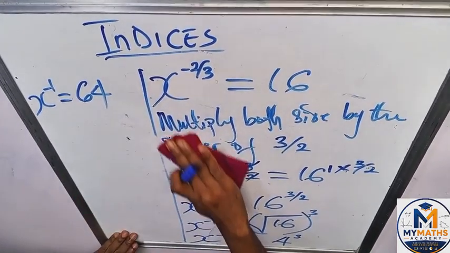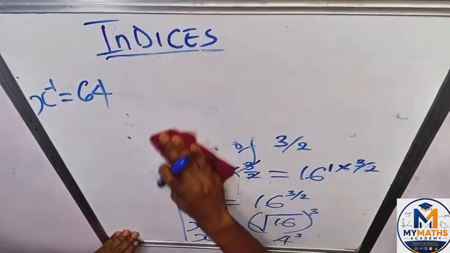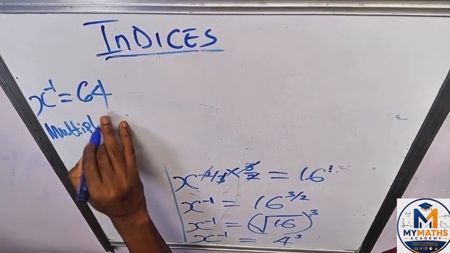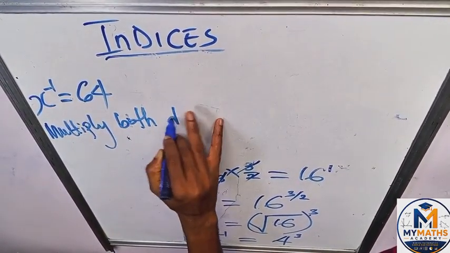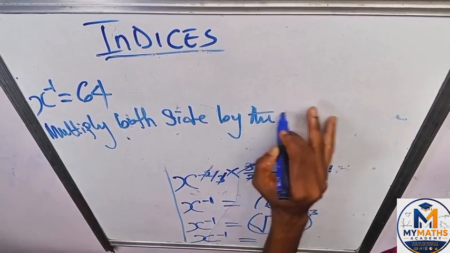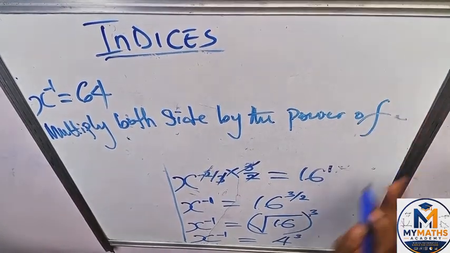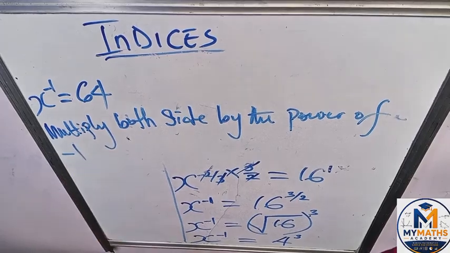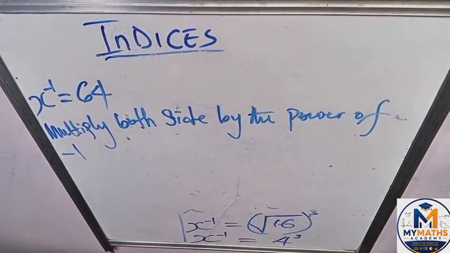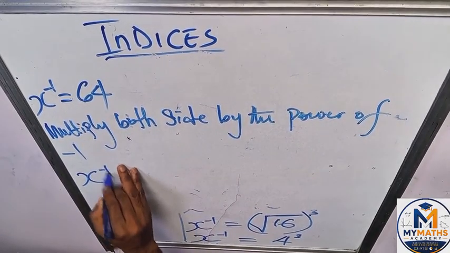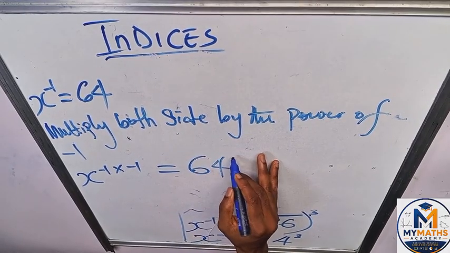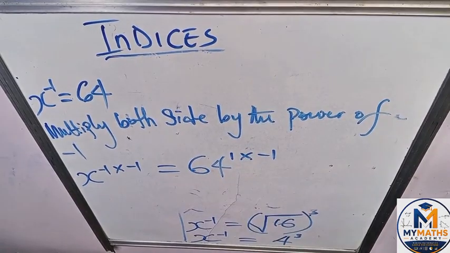So we're going to say multiply both sides by the power of minus 1. We're going to multiply both sides by the power of minus 1. So therefore this one is going to be x raised to power minus 1 times minus 1 equals 64 raised to power 1 times minus 1.